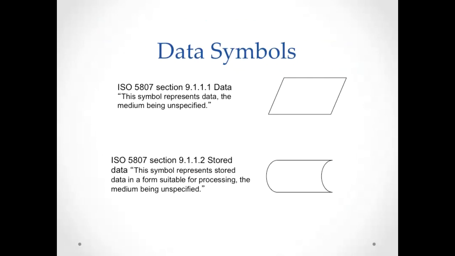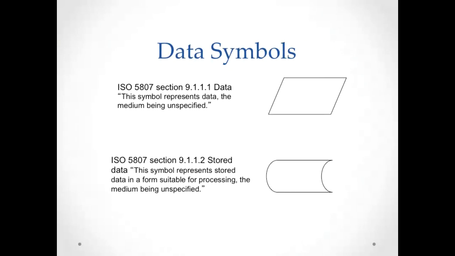Here are some other of the old ones. The slanted box is sort of any unspecified data. So if you're specifying a data transfer and you don't know how it's coming, if it's coming on old ancient tapes, or on a thumb drive or a CD or some electronic link, then you just might use a generic data box.